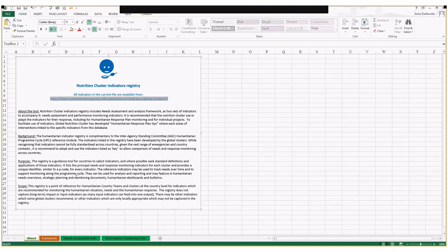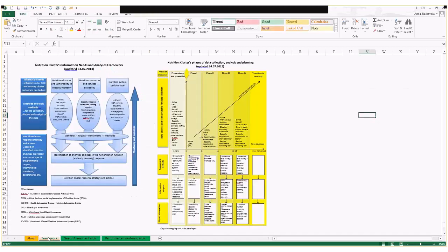So before we go to the indicators, I just want to quickly present to you the framework for nutrition cluster information needs and analysis, which you can see here in blue. According to our needs assessment and analysis framework, we separate all the information needs into three big categories.